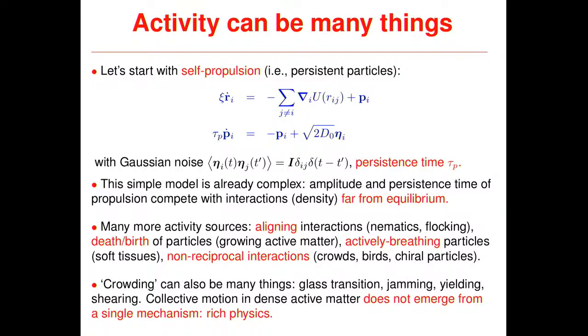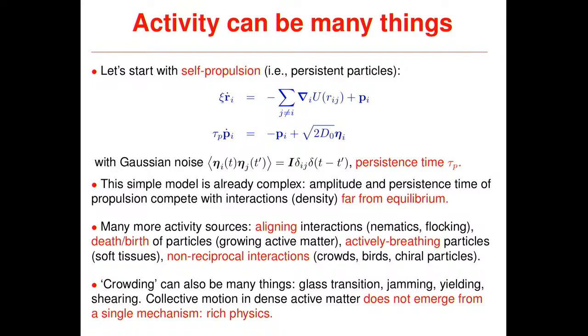If you consider biological tissues, the particles or the cells can die, they can be growing. The bacteria, for instance, can grow and divide. So this is the field of growing active matter. It's another source of activity. The particles in tissue also can actively deform, so the deformation is something also interesting.